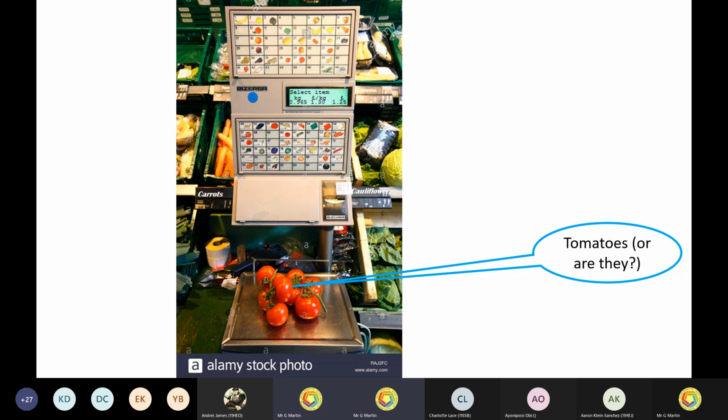So when it was scanned, it was actually scanned as potatoes at a much cheaper price than the radio. And so that comes into computer ethics as well.